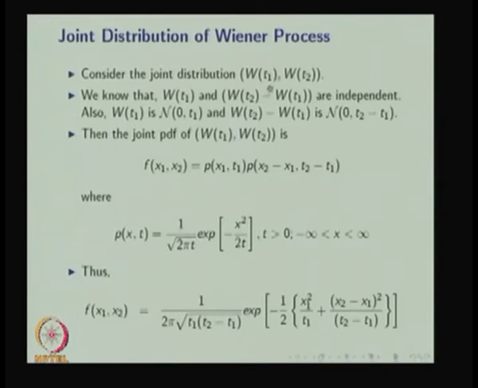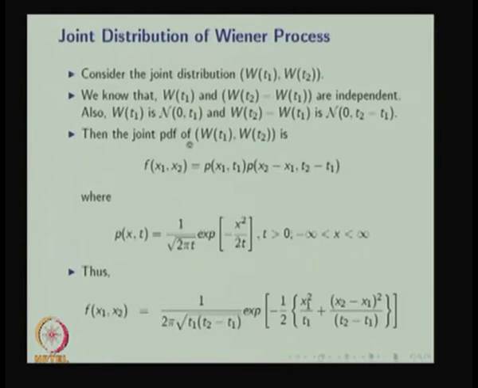For that, first we find the joint distribution of W of T1 with W of T2 minus W of T1. Then use the function of random variables rule. Then you can find the joint distribution of these two. So that is the way. Here I have not given the derivation.